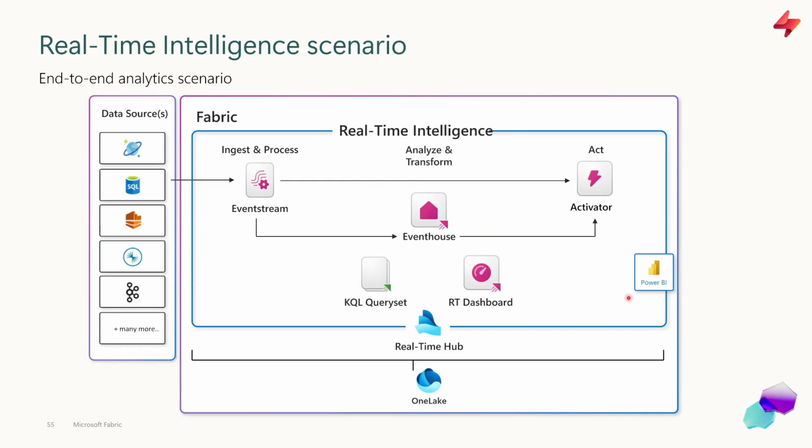In the end, I also showed you how to use that data directly in Power BI reports, what this real-time hub looks like. And in the end, we also built this activator item on top of the event streams to trigger notifications.